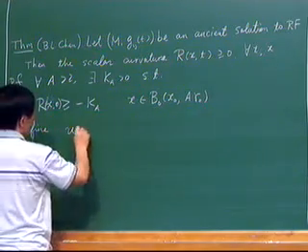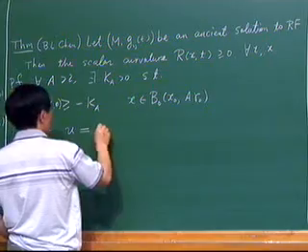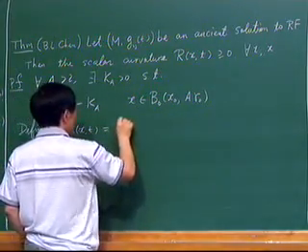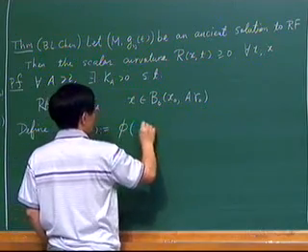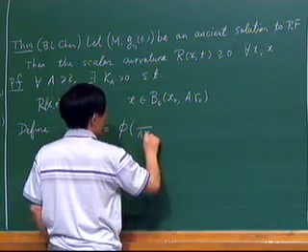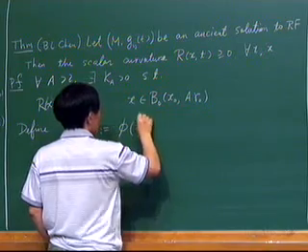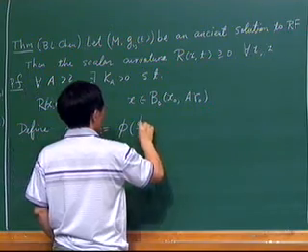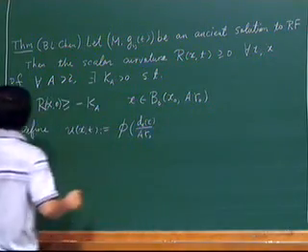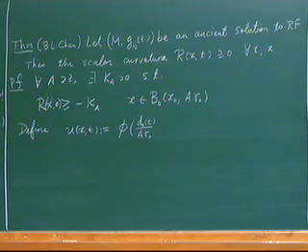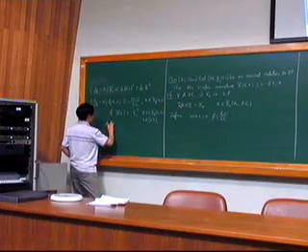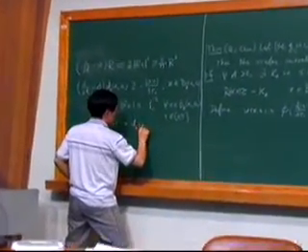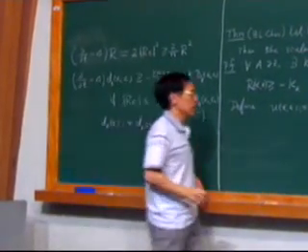Define u. u of x, t equals to phi of the distance function d. I will not write the x0, just don't repeat, because it's clear that x0 is the origin.